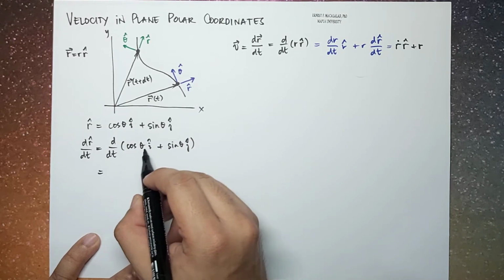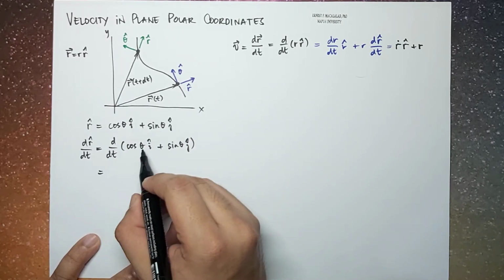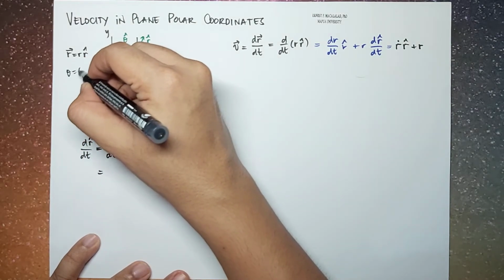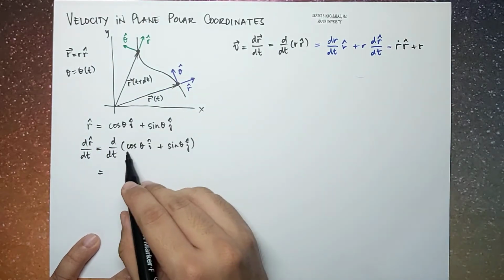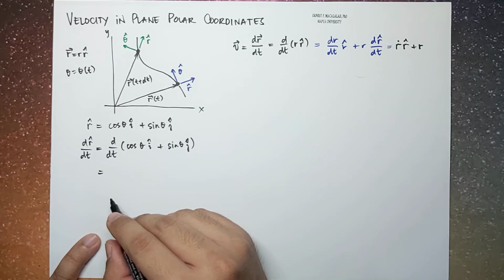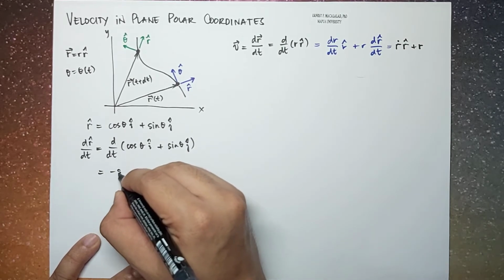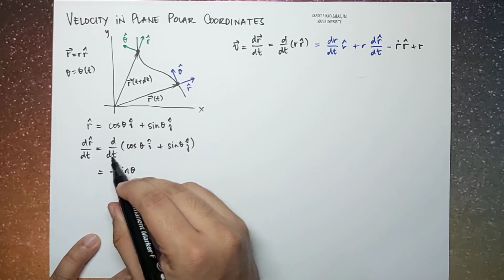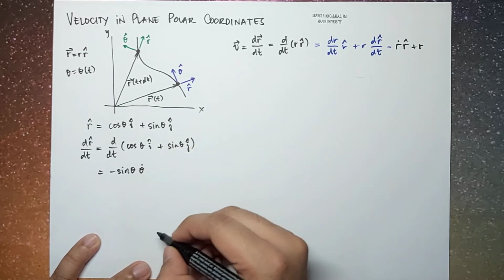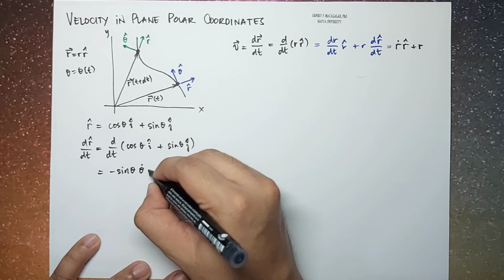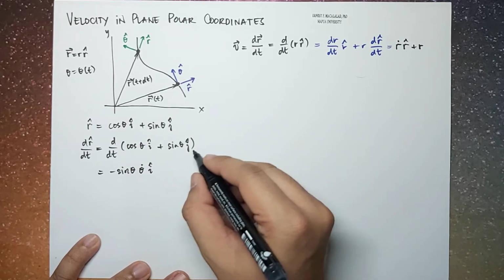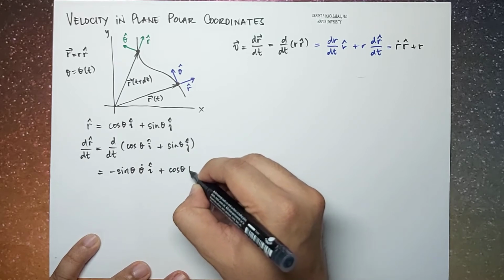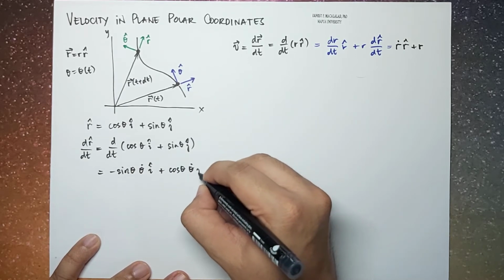Differentiating cosine theta with respect to time, because theta is a function of time, this will be equal to negative sine theta times the derivative of theta with respect to time, or simply theta dot, times i hat. Similarly, the second term becomes cosine theta theta dot j hat.